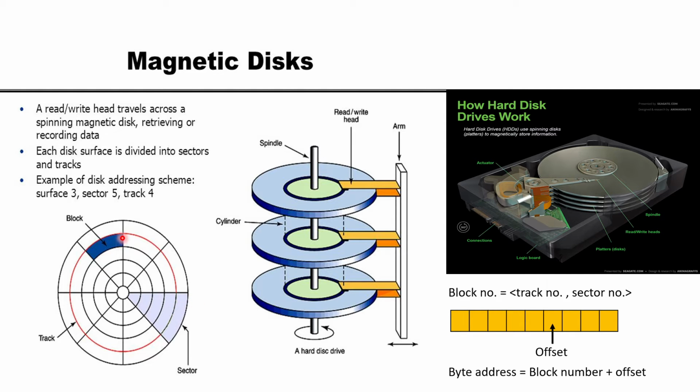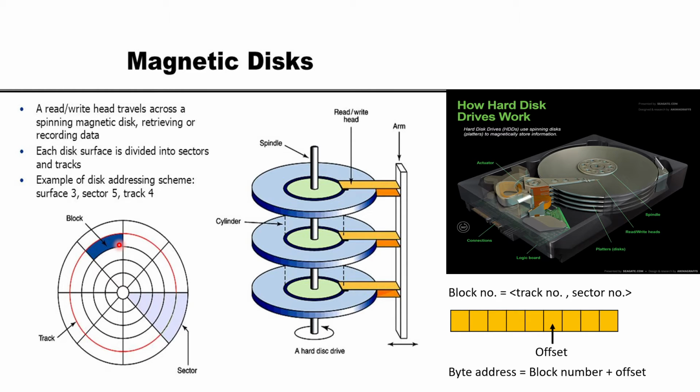If you consider that this is track number 1, this is track number 2, then track number 3, 4 and 5, then the block shown over here is under track number 2, and like track number, we have a sector number also. If this is sector number 1, then 2, 3, 4, that means track number 2, sector number 4 is this particular block. So any data is stored in a block.